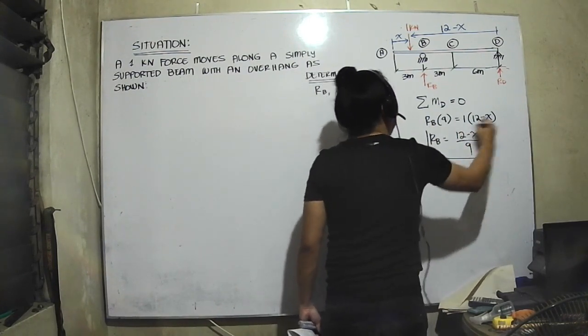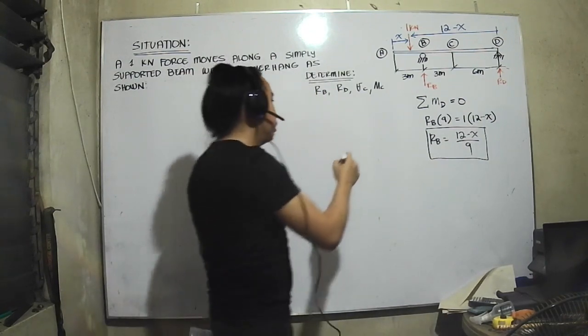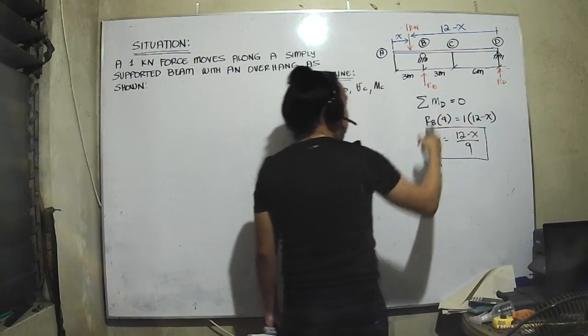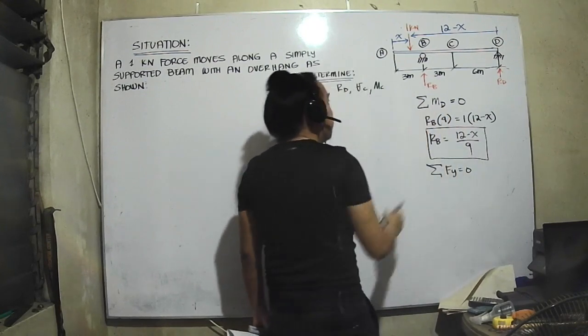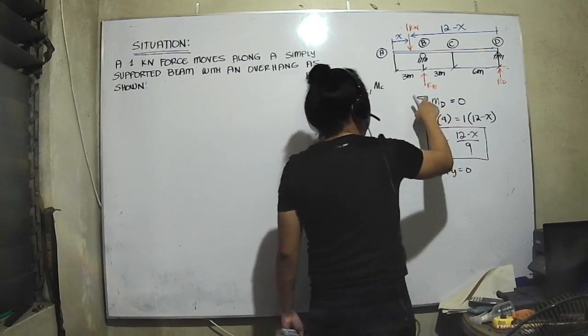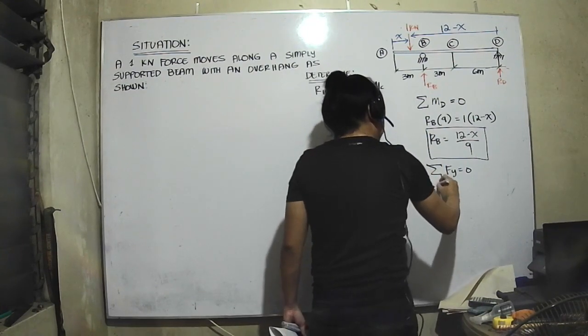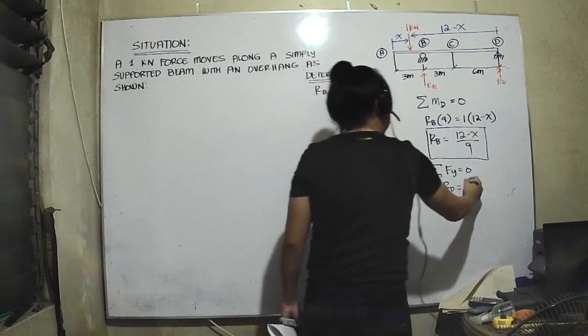Okay? Let's just try to hold on to that idea. Now, with that out of the way, I can perform the summation of forces with respect to y, and that is equal to 0. I will have RB and RD both going upwards, so they belong to the same side of the equation, okay? And then versus 1.